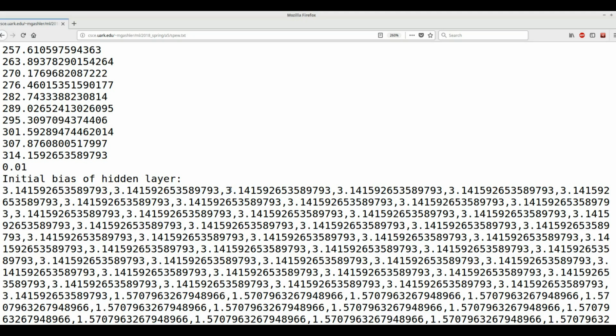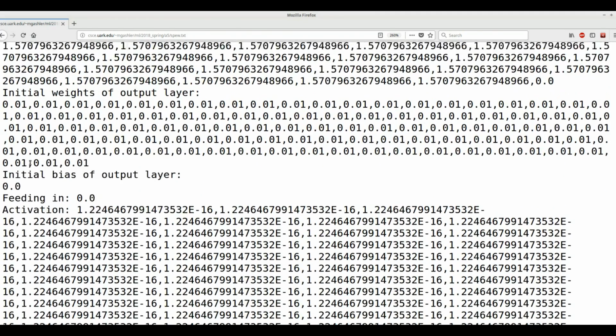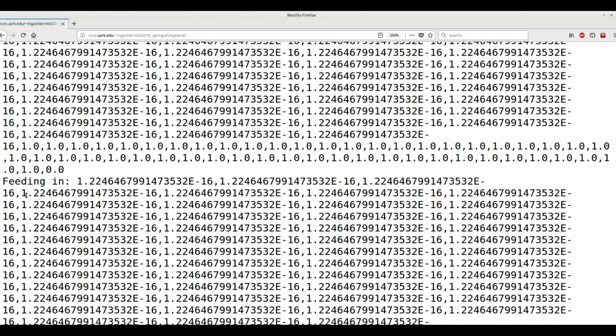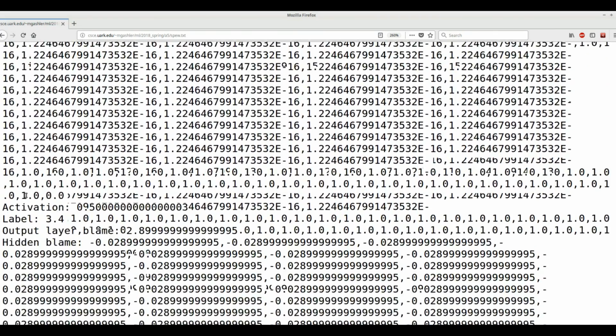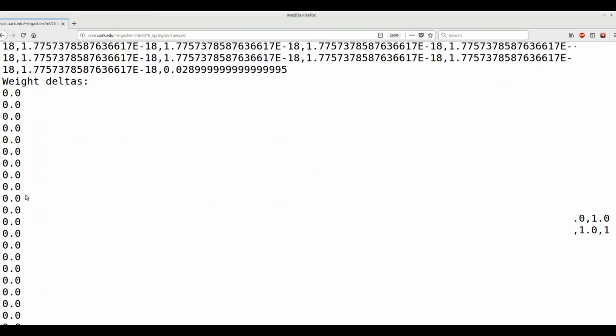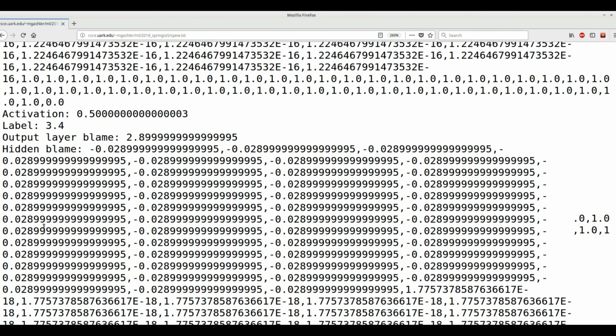Okay. What was that? The gradient for the weights of the second. Gradient. Zero. Okay, let's see. Hidden blame, weight deltas. That's the first one. So your input was 0, so that makes sense there. Oh, okay.